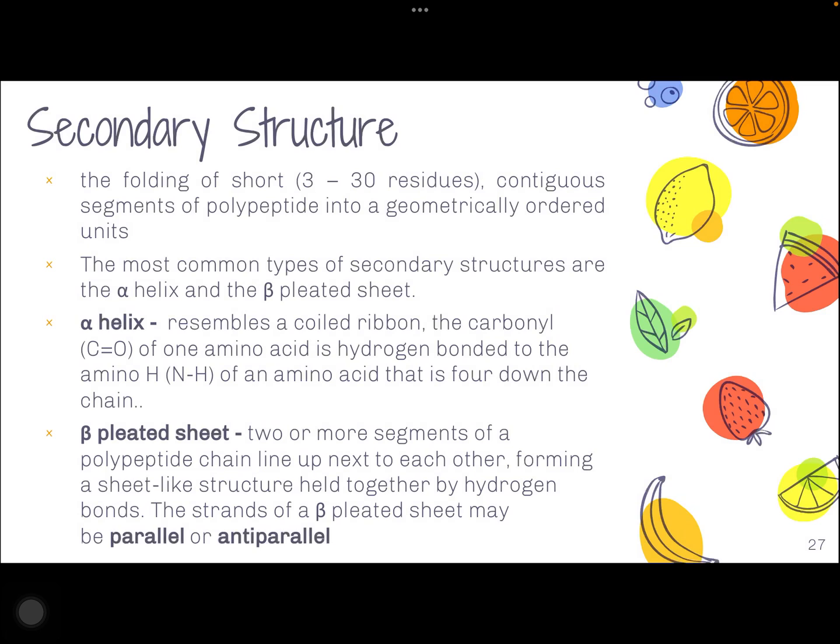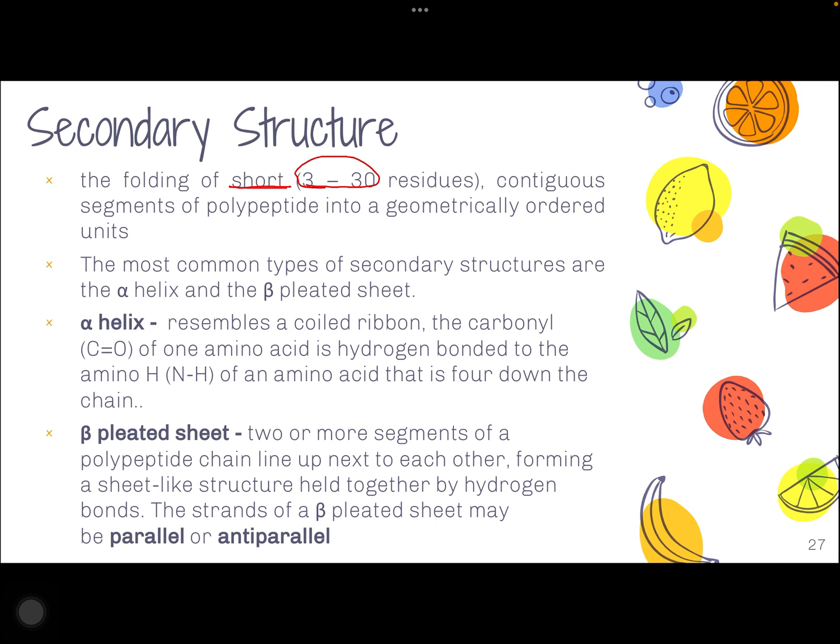Next, your secondary structure starts to fold short, contiguous segments of polypeptide, containing about 3 to 30 residues, into a geometrically ordered unit or units. The most common types of secondary structures are alpha helixes and beta pleated sheets.